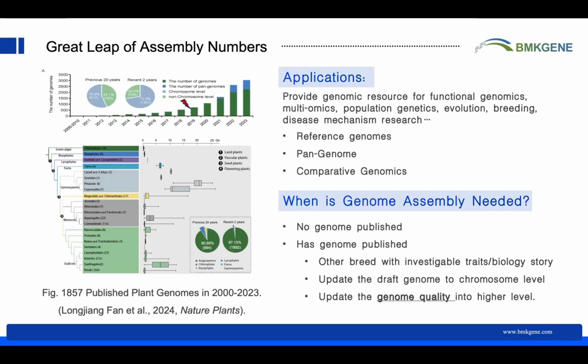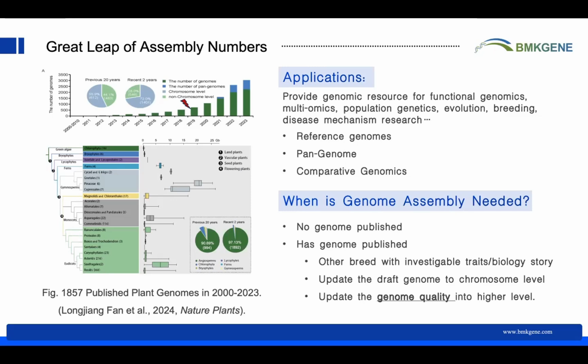One case is that one commonly used individual or variety has been published and used as the reference genome, but you have some other materials, like another breed with very investigable traits or some interesting biology stories to tell.